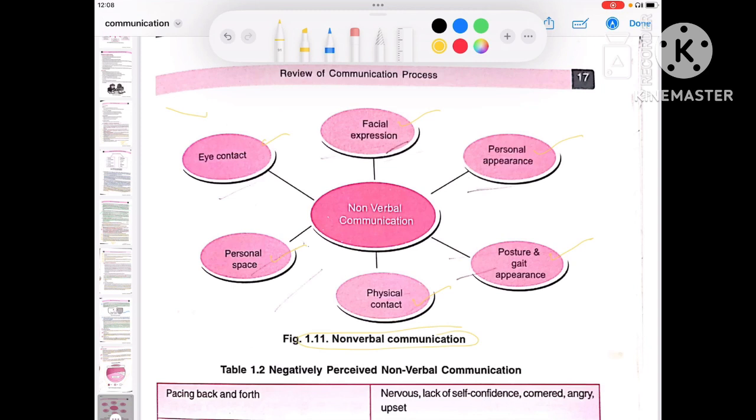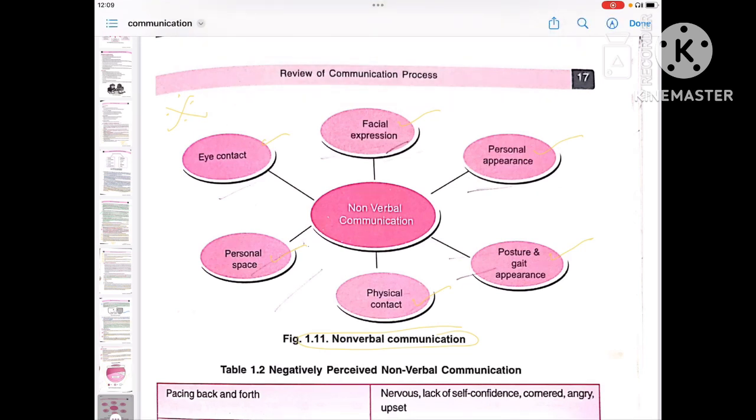So this is the way you can write in an exam. So easily the examiner can identify what you are writing, and it's a very attractive manner to get the score.